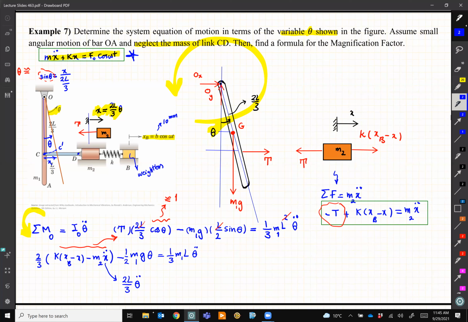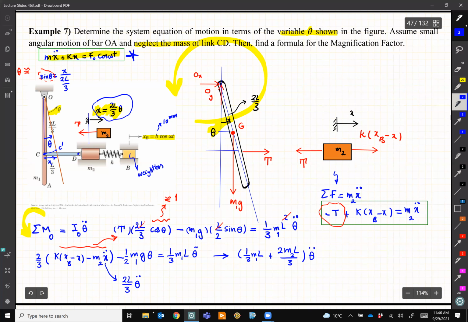Remember, we have a relation over here. So let's simplify everything there. So I'm going to have 1/3 of M1L plus 2 m2 2L/3. Yeah, you need to check my math later, make sure it is correct.